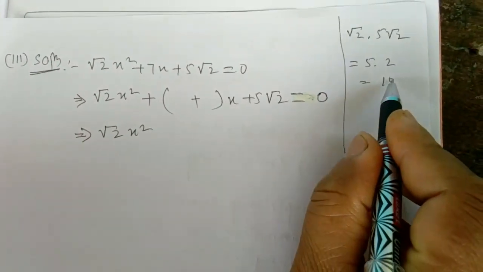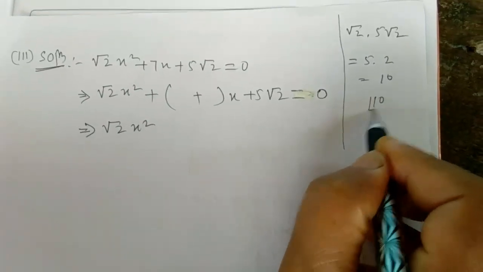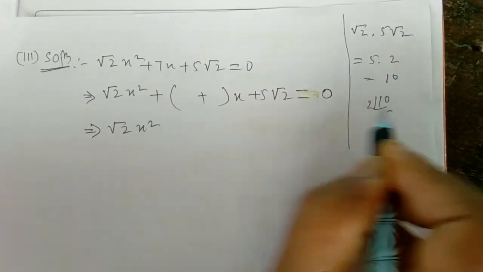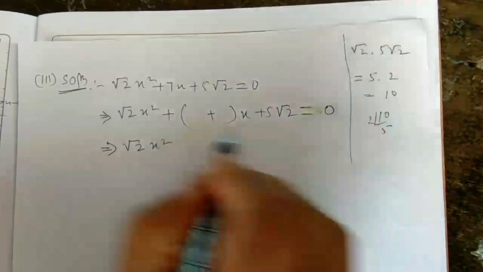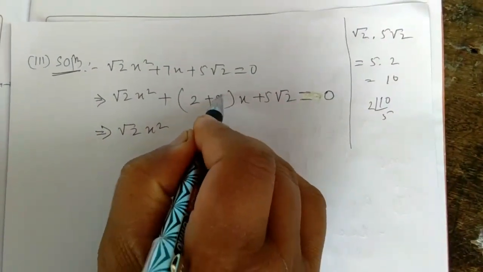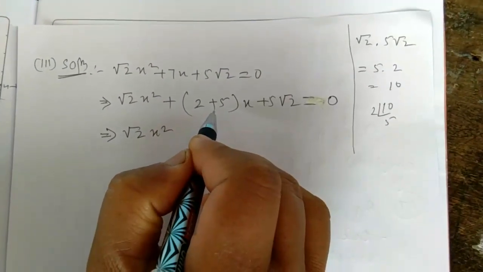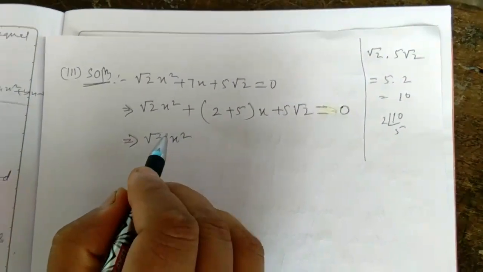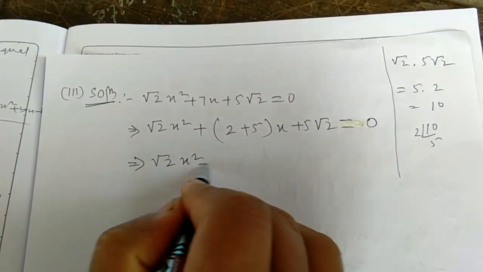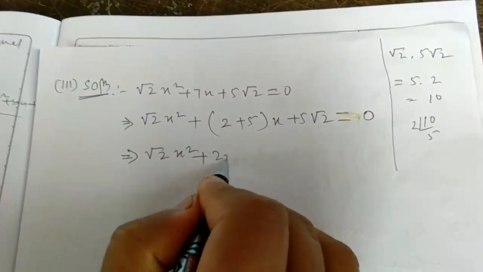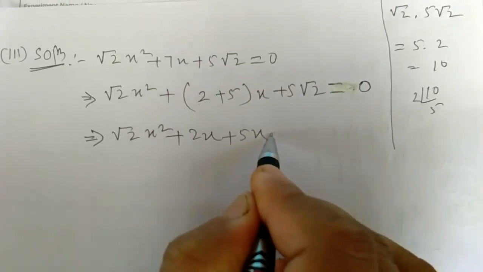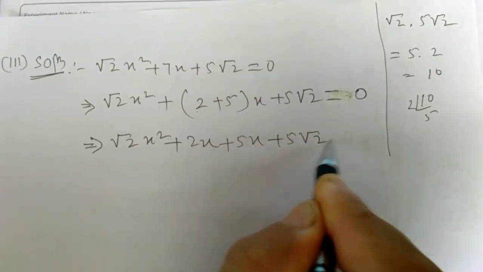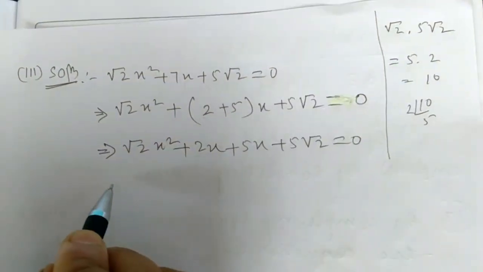Then we find the factors of 10. 2 times 5 is 10. We need here 7. That's why we write 2 plus 5. So plus into plus, plus, you multiply: 2 into x, twice x, plus into plus, plus, 5 into x, 5x, plus 5 root 2 equal to 0.